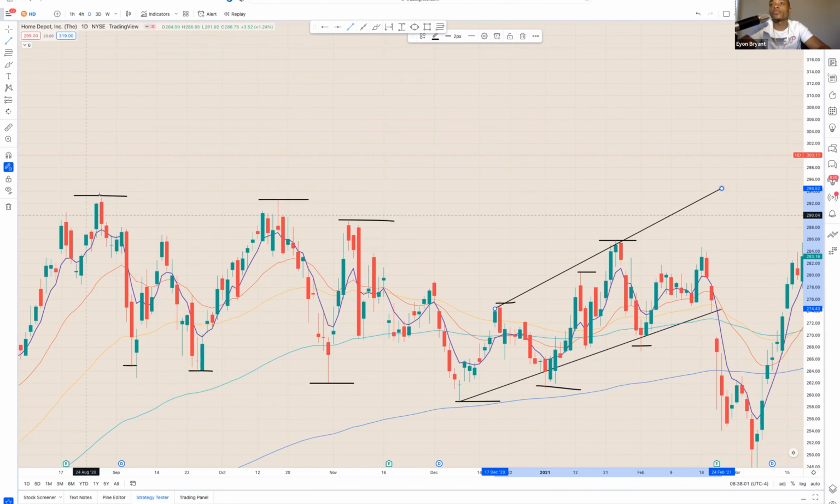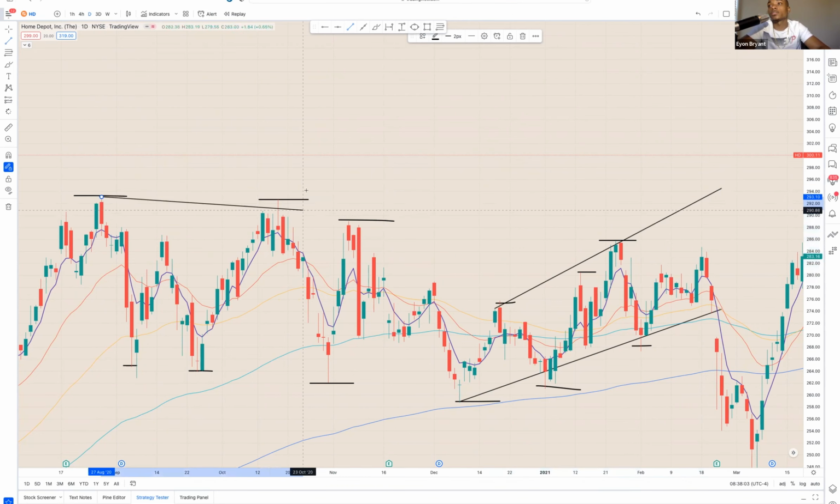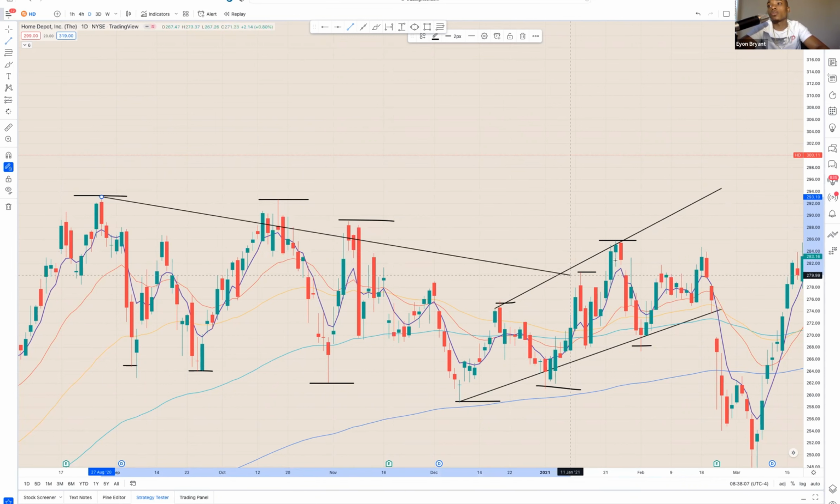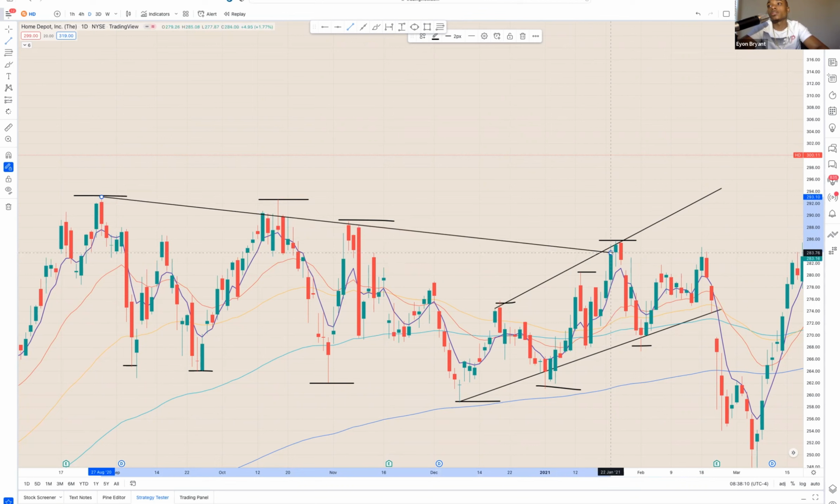And same with this downtrend. This is a really tight downtrend, but if I was to just draw overall, you still see the downplay in price action. It's a slight downtrend, but you still see the downplay.